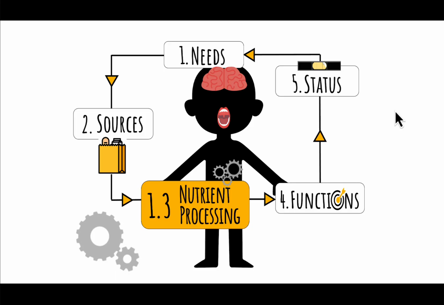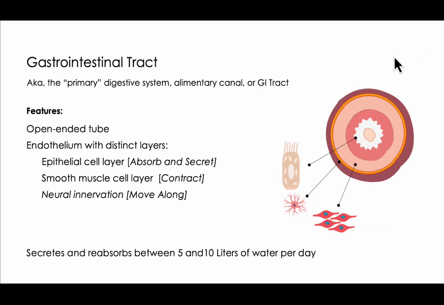So nutrient processing. I'm really breaking this down into 3 major nutrient processing systems, starting with digestion and absorption.